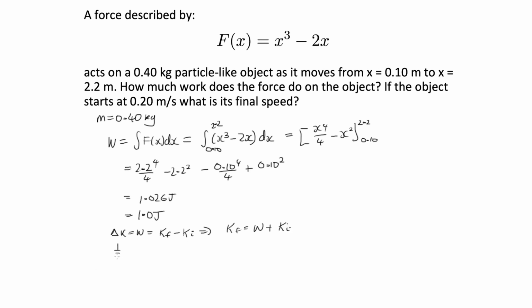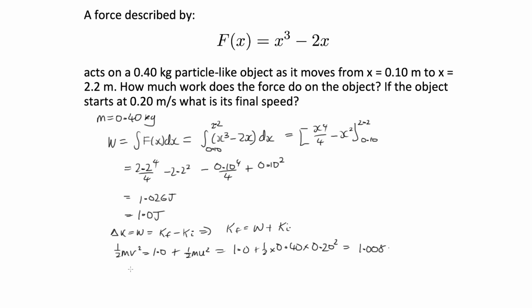So we can write a half m times the final speed, v squared, is equal to the work done, which is 1 joule, plus the initial kinetic energy, which is a half m u squared. So this is equal to 1 plus a half times 0.40 times 0.20 squared, which is equal to 1.008.